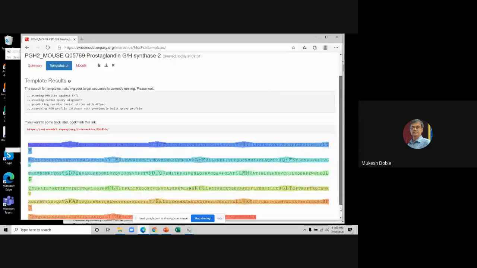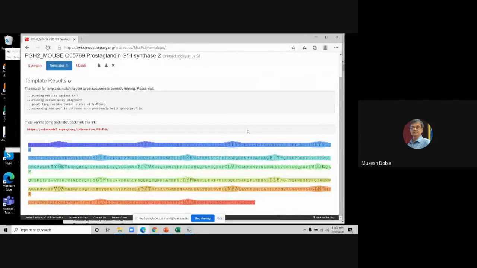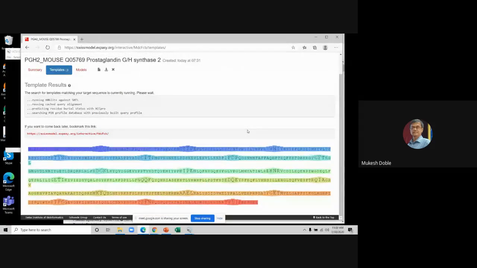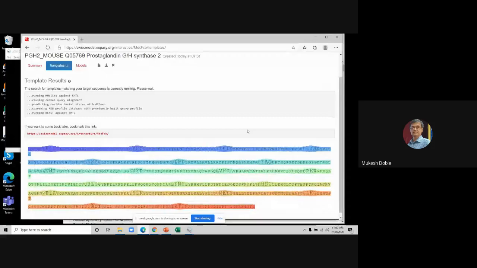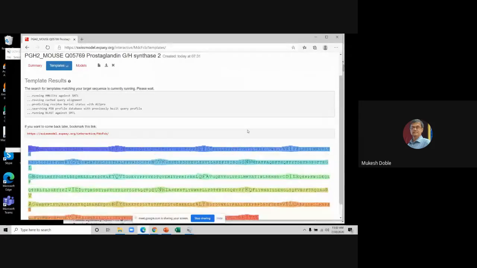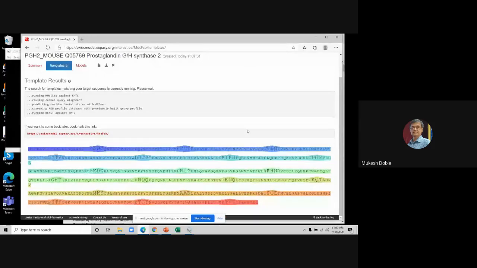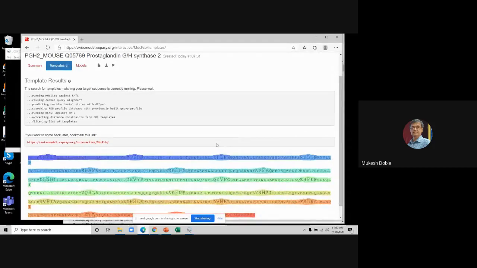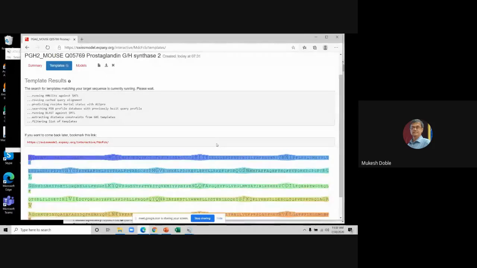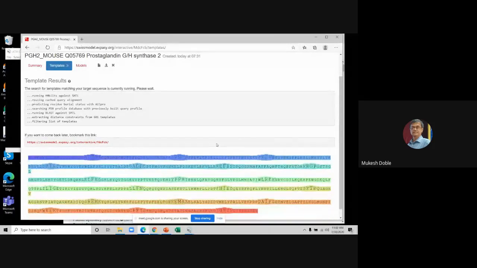So it's working. It will take some time. It's currently running. Once we get the sequence similarity, we build our protein based on the protein which has the highest sequence similarity.